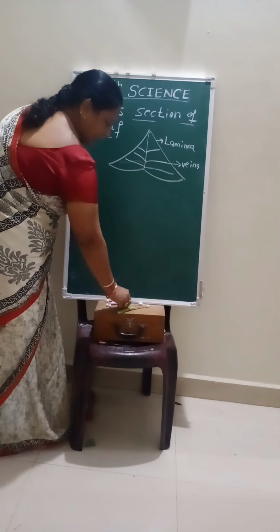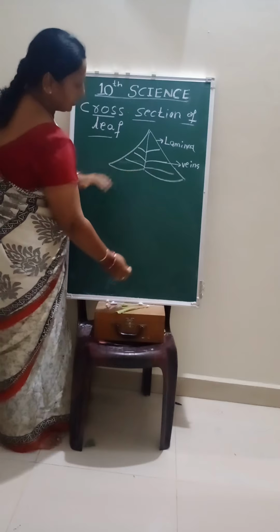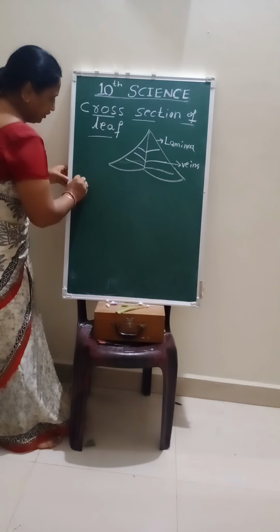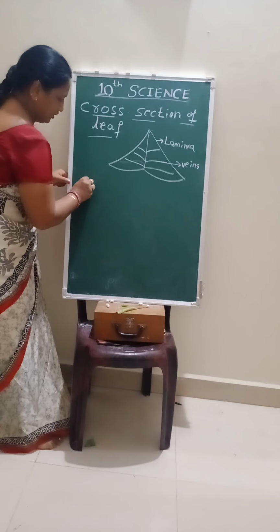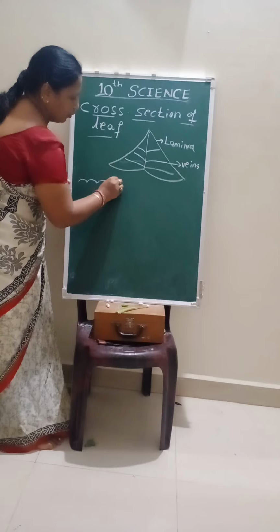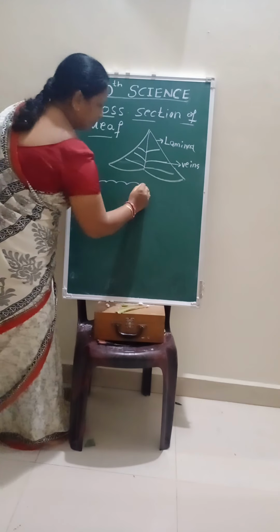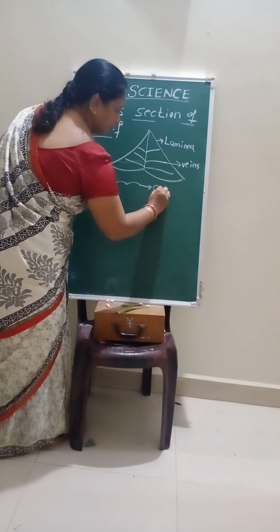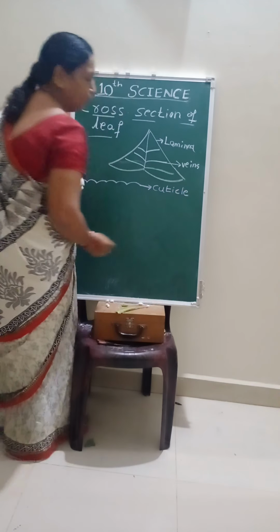And after that, we are going to draw the inside structure. That is the inside structure. The first is the cuticle, the upper epidermis. Above the upper epidermis, there is a lipid or a waxy coating. We call it as a cuticle. Every part has got its own function.